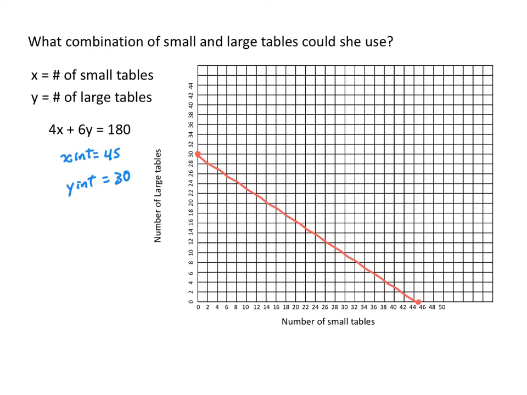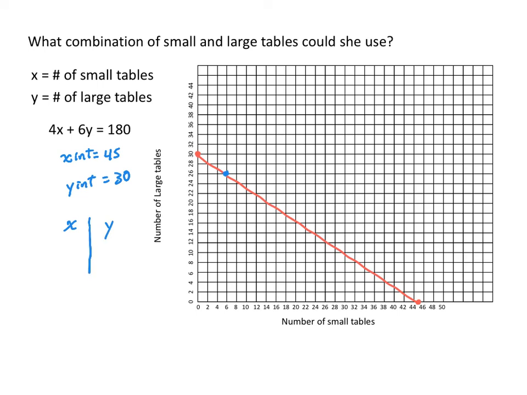Okay, and then we can use that line to find our solutions. So remember, our solutions have to be whole numbers, and they should be on the line. So depending on the accuracy of my line, keep in mind that these should be the solutions. Well, first of all, let's make a table like this, x and y.